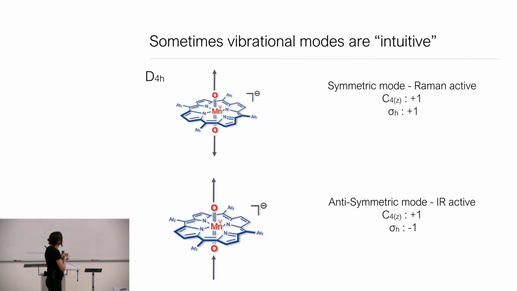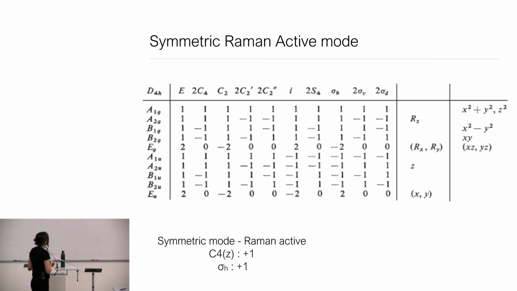But here what I see, this mode visually, if I contract and I actually elongate, I'm still positive with respect to a C4 rotation. But now because one oxo got longer and one got shorter, I become negative with respect to the sigma h. And so I can make a prediction about the modes and basically then check myself in a character table.